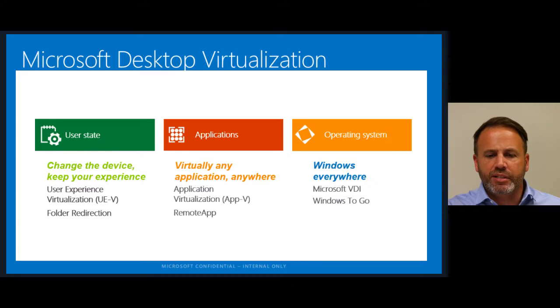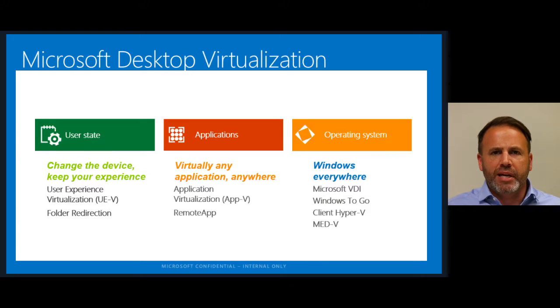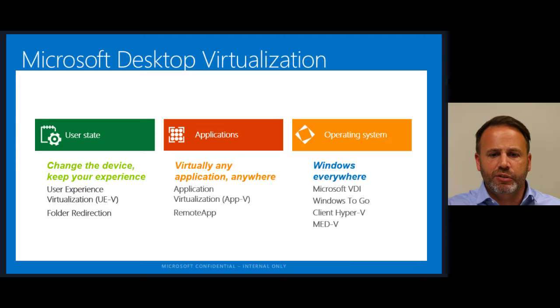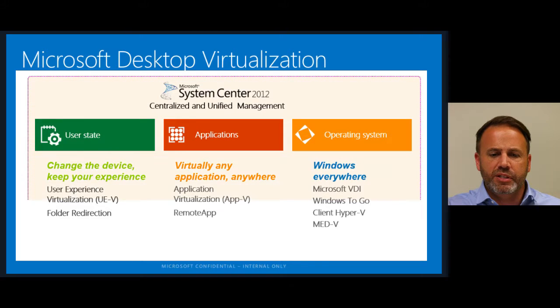And then on the operating system, it's Windows everywhere. That's what people are actually asking for, being able to have the Windows environment everywhere, but within a secure connection inside the network infrastructure, as opposed to having just a single use type of scenario.